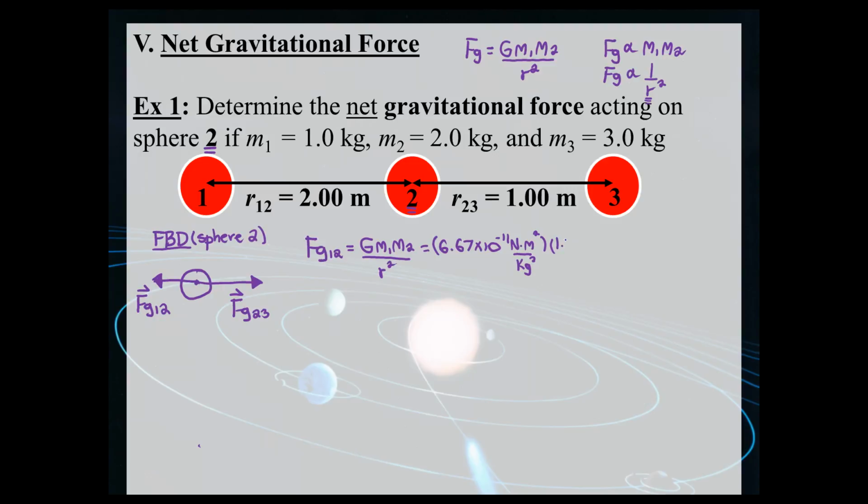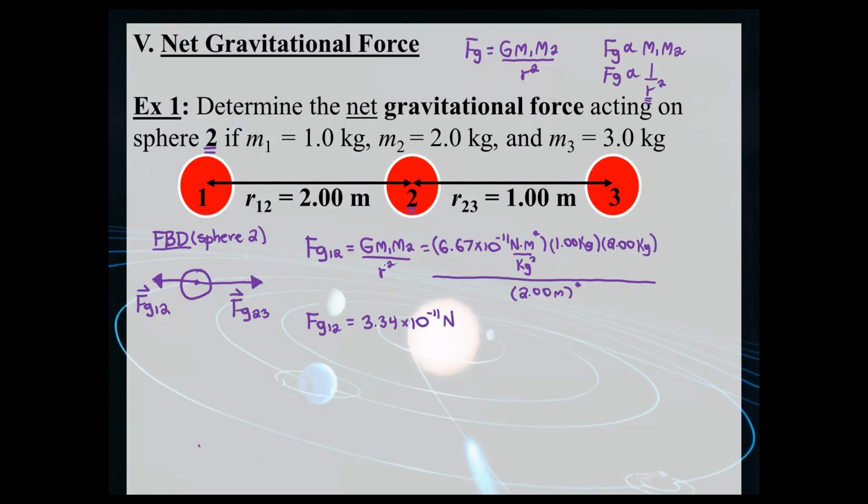Multiply this by mass 1, which is 1.00 kilograms, times mass 2, which is 2.00 kilograms, and then divide this by the distance, 2.00 meters, squared. So that gives me Fg between 1 and 2 is equal to, and I got a value, let's add one more significant digit than we need, 3.34 times 10 to the negative 11 newtons.